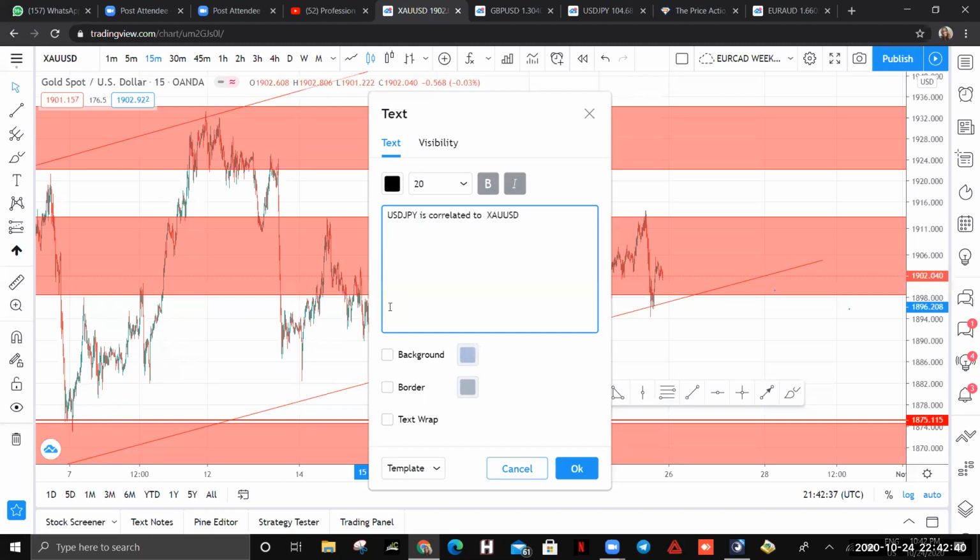So if gold is buying, USD JPY sells, and vice versa. You can notice that I did not see anything on USD JPY. So the same thing with this.